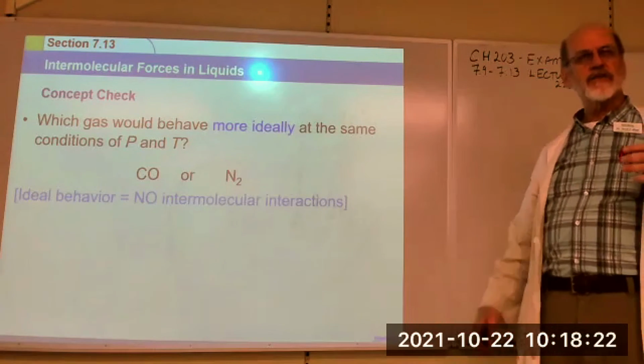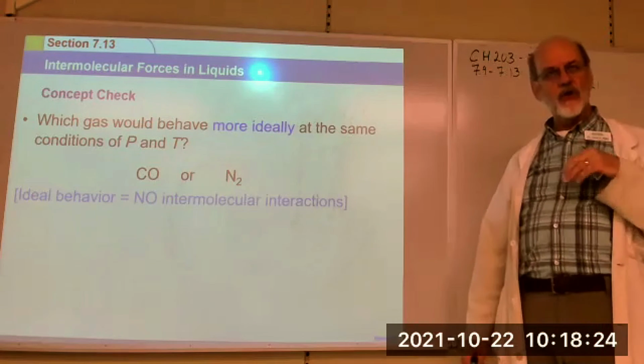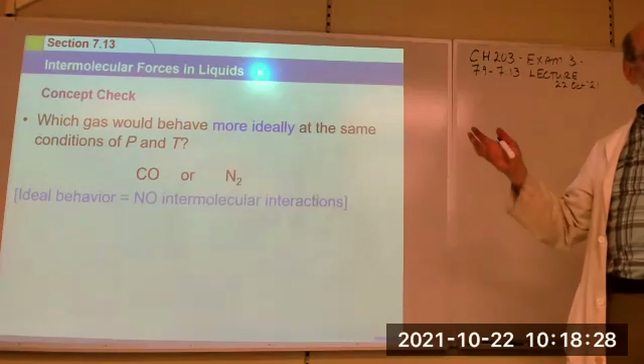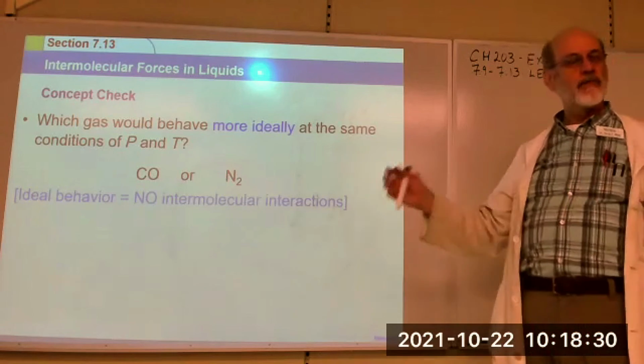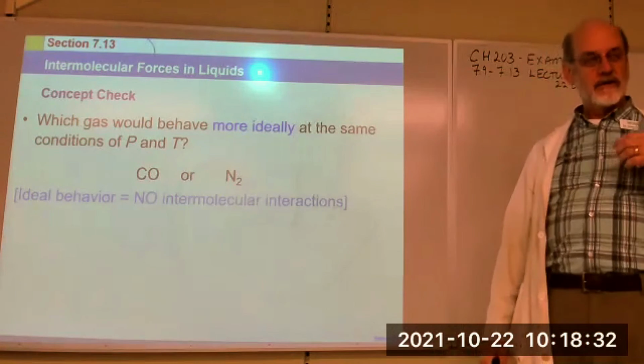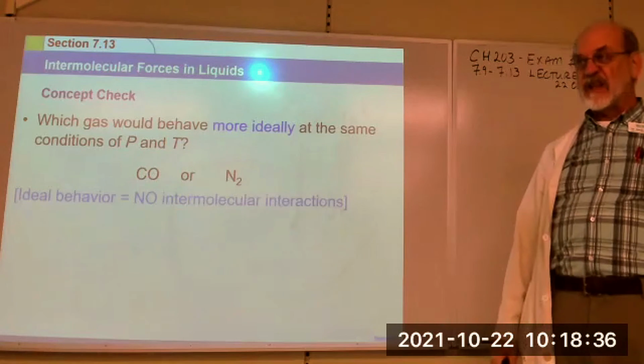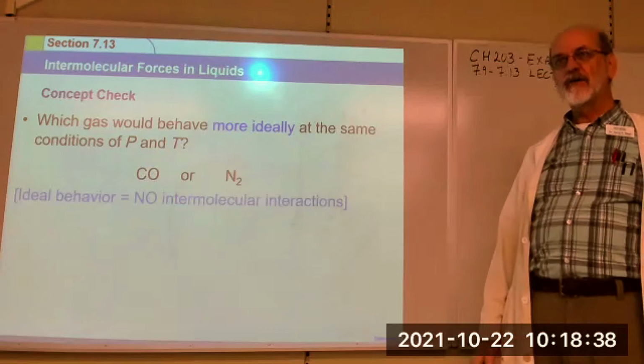So under what conditions do we have high temperature and low pressure? Right here. 1 atmospheric pressure, room temperature. Those are considered high temperature, low pressure. High pressure would be like 50, 100 atmospheres.